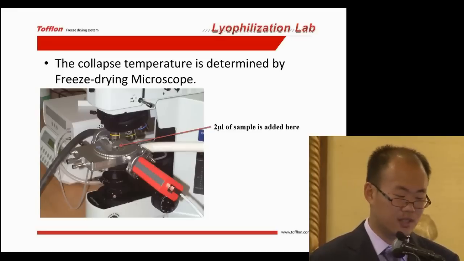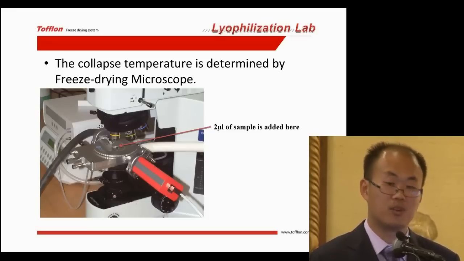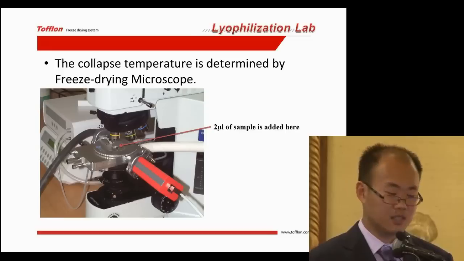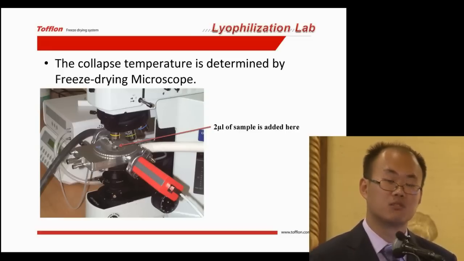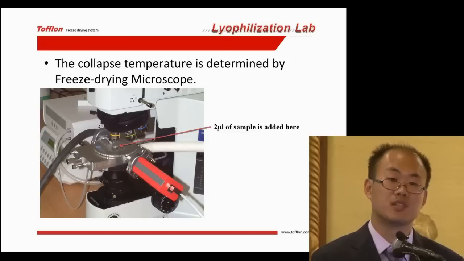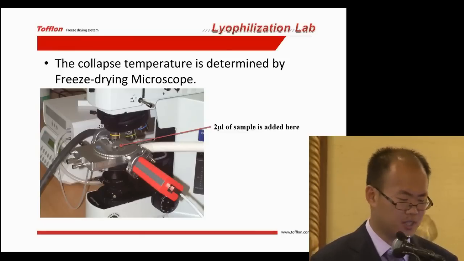So this is the collapse temperature at that point. The water was not removed directly, so we can't get a good product. At this point, we call it collapse. So we cannot let the product collapse, and this is a very important parameter to be controlled.